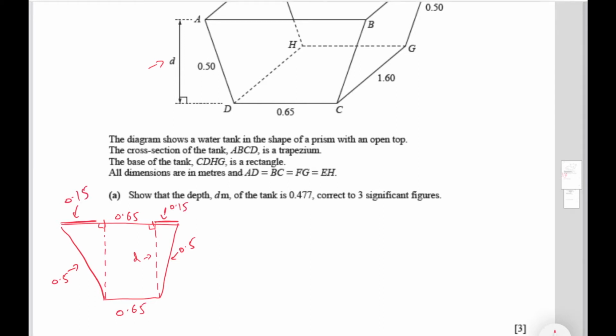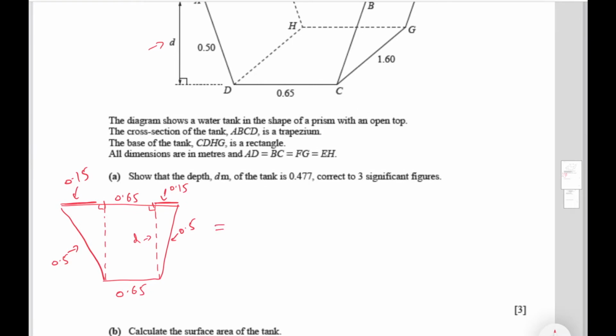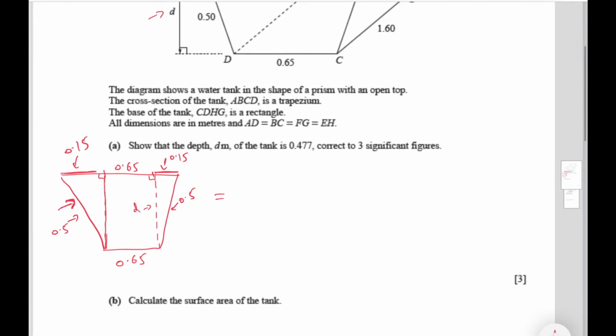Now in order to find D, it becomes very simple. D is the perpendicular distance from the top to the bottom. Therefore, this means that this length over here is the hypotenuse. So we use the Pythagoras theorem. We do 0.5 squared, which is equal to 0.15 squared plus D squared. So in order to find D, I isolate the variable, which is D squared.